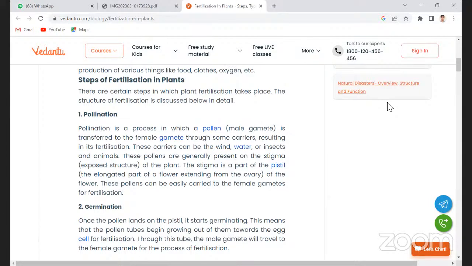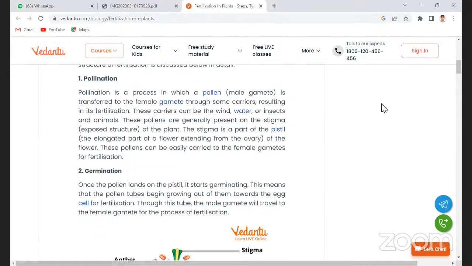The involvement of both sperms in fertilization is called double fertilization. Who discovered double fertilization? Navashin, in 1898.